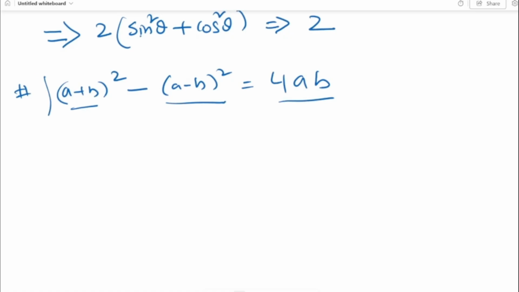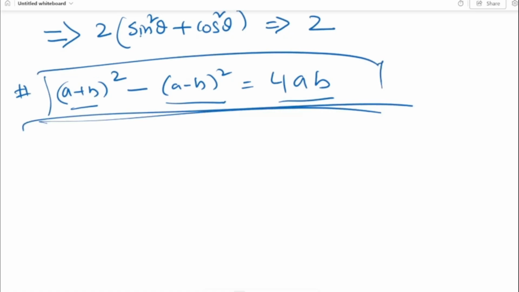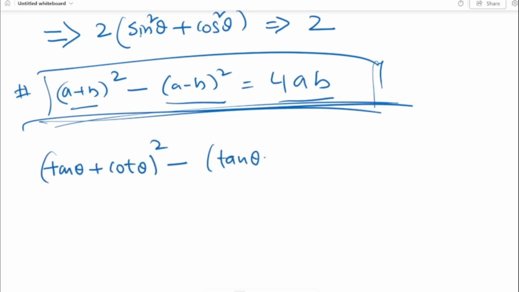Based on this, let me phrase one small question: tan theta plus cot theta whole square minus tan theta minus cot theta whole square.